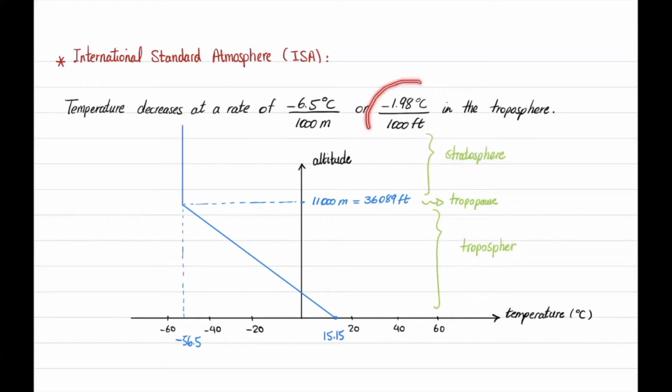Using this ratio, we can find the temperature at any altitude within the troposphere layer. The equation is: the temperature is equal to 15.15 degrees Celsius. This number is the temperature at mean sea level. Then as the altitude increases, the temperature decreases.